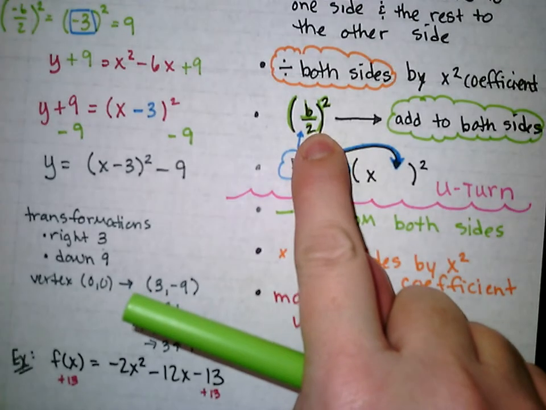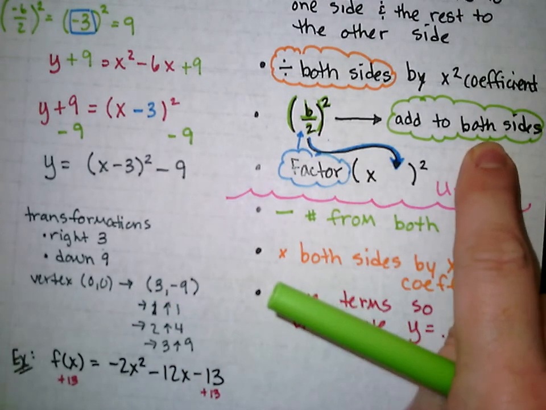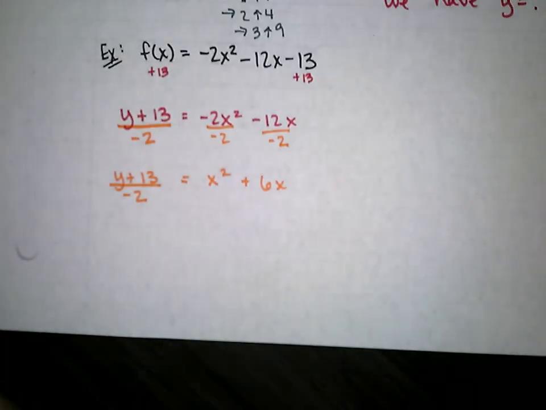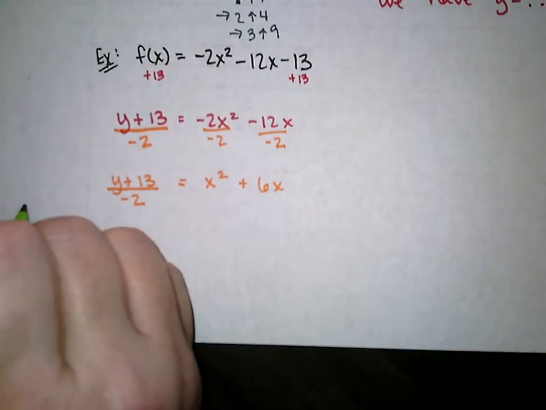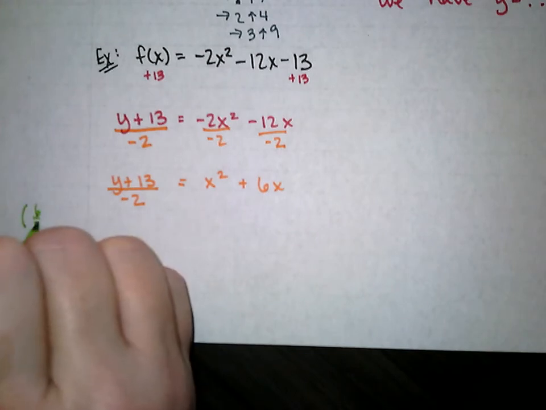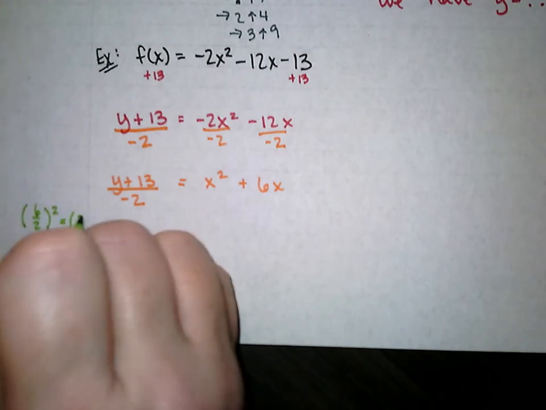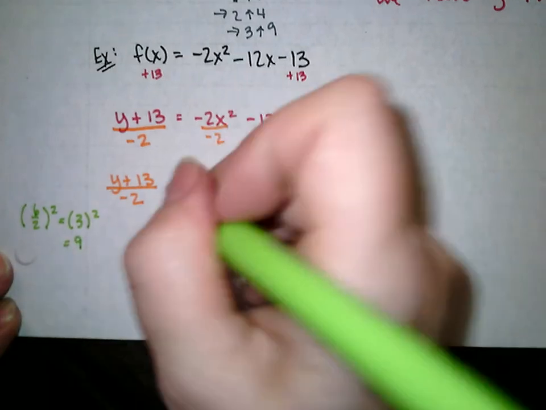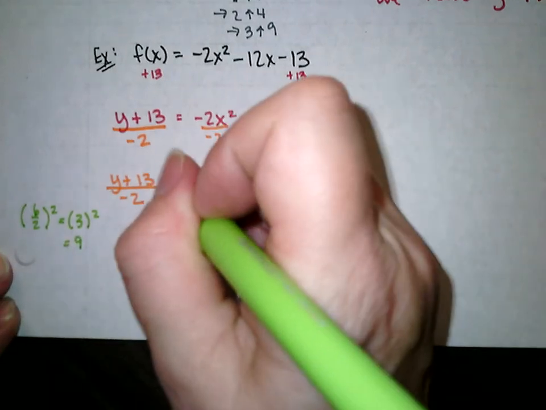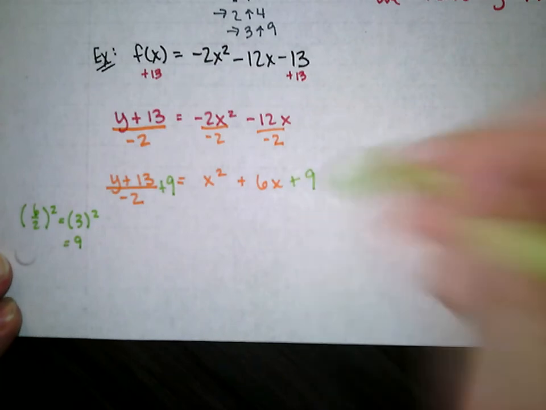Next up, do the b squared divided by 2, add that to both sides. So now we've got b is 6, so I'm going to do b divided by 2 squared, so 3 squared. 9 is what I'm adding to both sides, so I'm going to go plus 9 plus 9.